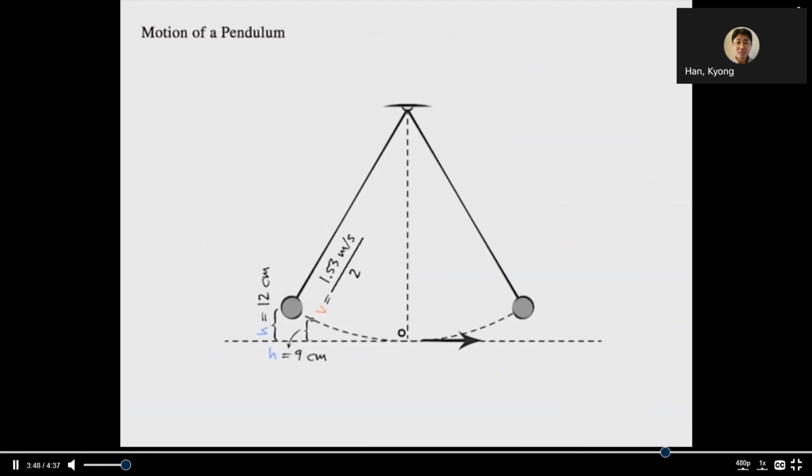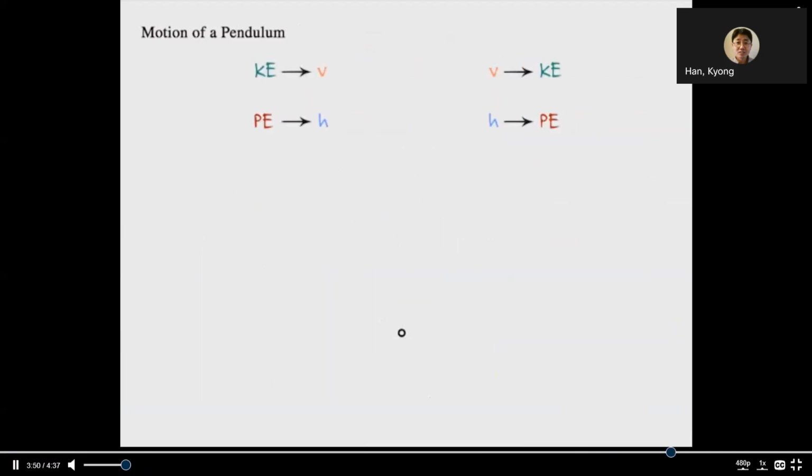Once you know the total energy anywhere, you know it everywhere, and you can find the potential energy or kinetic energy at any point if you know the other one. So try it. Determine the velocity when your height is 6 centimeters using these steps. If you know your height, you should be able to find your potential energy.